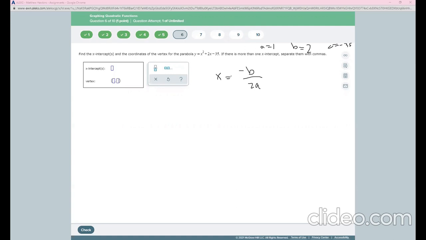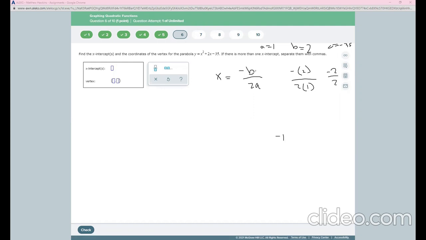And then we'll plug in so we can find the x-coordinate of the vertex. So B is 2, so I get negative, and then B is 2 over 2, and A is 1. So -2, and 2 times 1 is 2. So -2 divided by 2 gives us -1. So the x-coordinate of our vertex is -1.